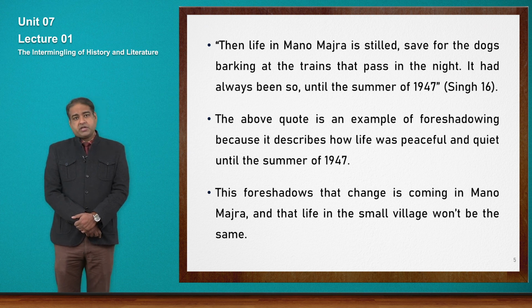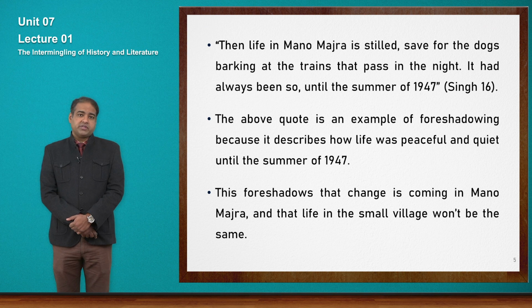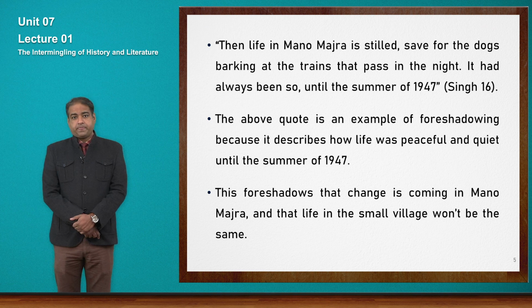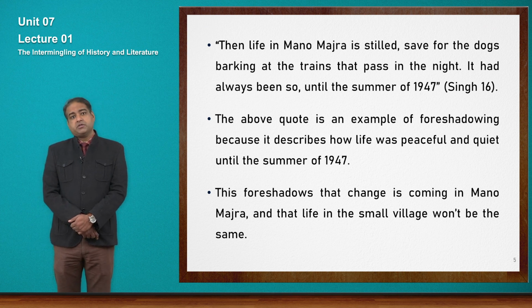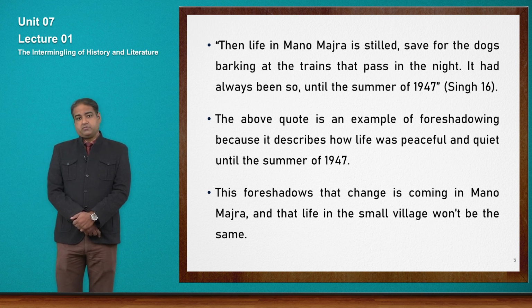So in this quotation, the writer Khushwant Singh is saying that in that summer season, particularly of 1947, the life of Mano Majra is stilled, where dogs were barking at the trains, and the trains kept on passing at night. It had always been so until the summer of 1947.